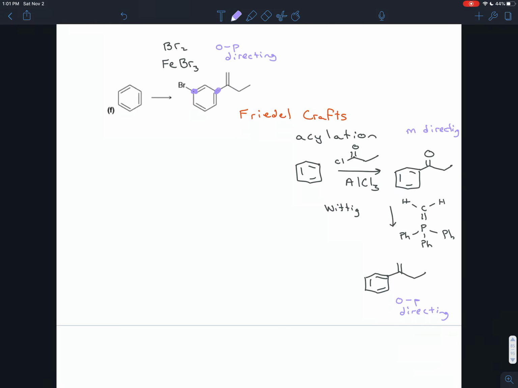So the order that you have to do this in is first, you have to take your benzene ring and add the acyl chloride and the metal catalyst. That puts that acyl group onto the benzene ring.